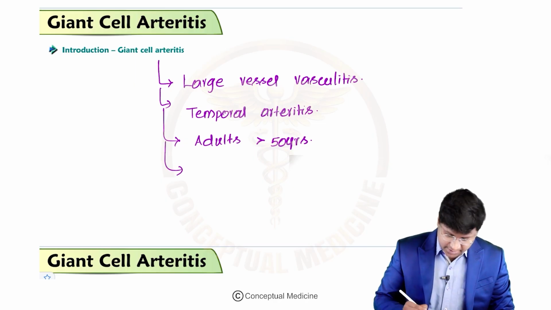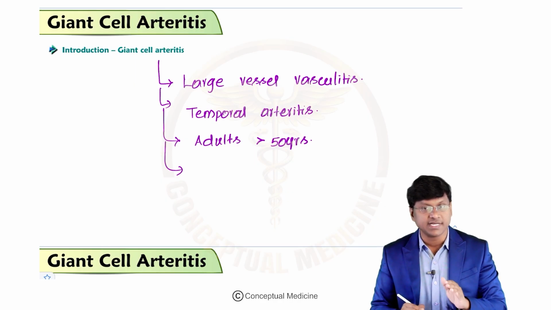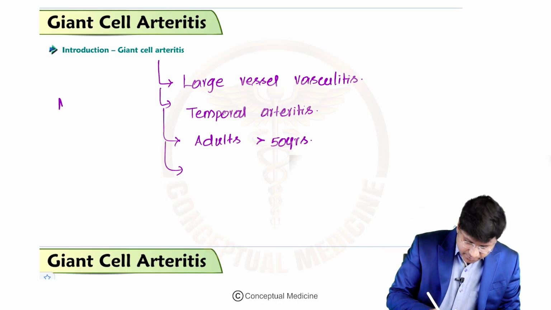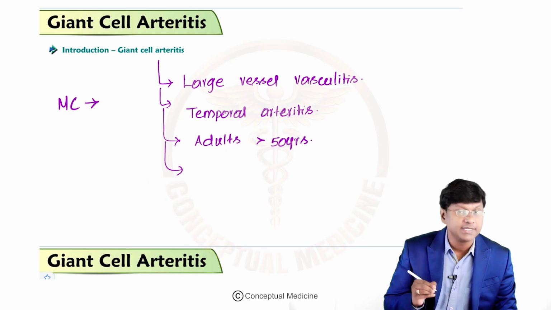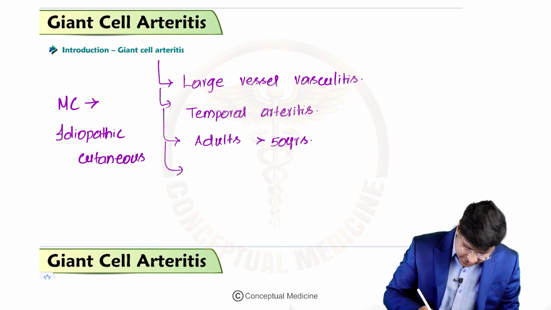And let me tell you, the most common form of vasculitis in adults is idiopathic cutaneous vasculitis.